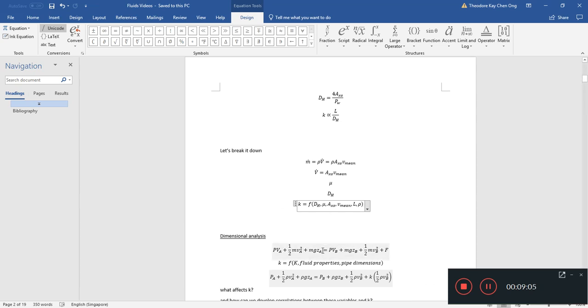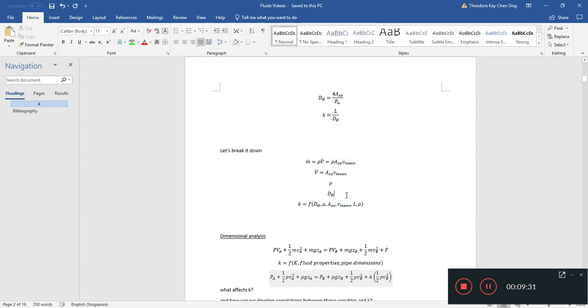Okay, we may or may not know what's more important, and we see that some of these actually repeat. We see volumetric flow rate appear here and here. So when we say mass flow rate, implicitly the volumetric flow rate is already kind of included, so we don't want to do a repeat. And if we say mass flow rate, it kind of includes the density, the cross-sectional area, and the mean velocity as well.